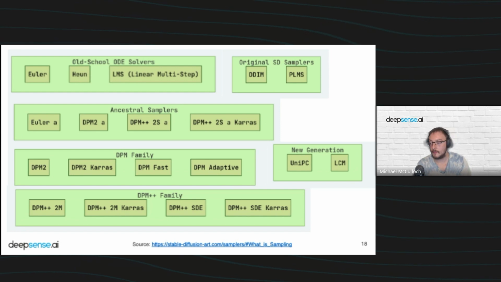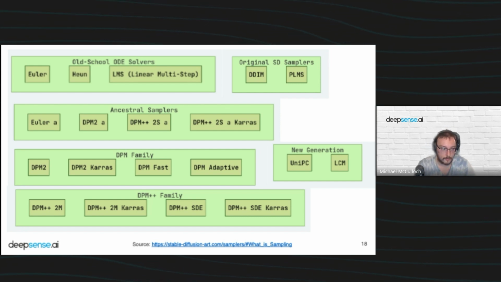I listed some of the samplers here. There are much, much more. This is not an exhaustive list. The main one that you're going to be interested in when you're using Stable Diffusion is Euler. It's pretty basic, old school differential equation solvers.